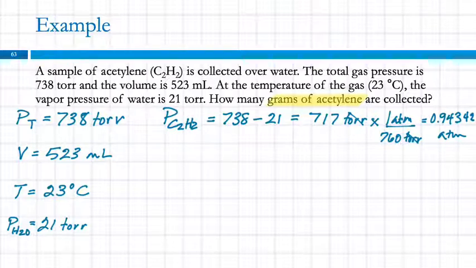Is milliliter a good unit? No, we've got to convert that to liters. We are short on time, and I've already done that many times. There's the volume in liters, and then the temperature, we're going to add 273, and we're going to get 296 Kelvin.